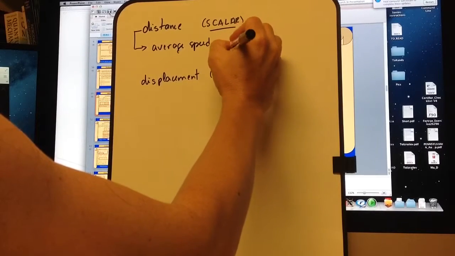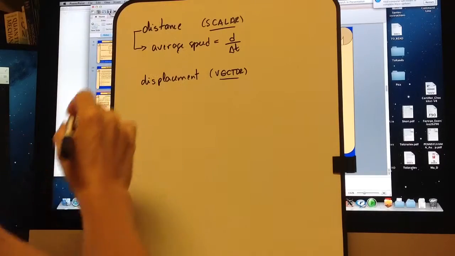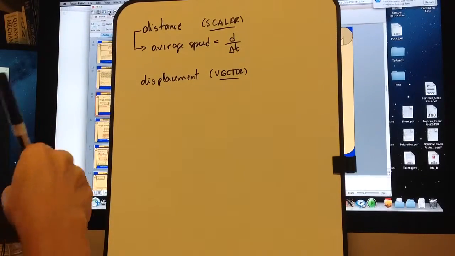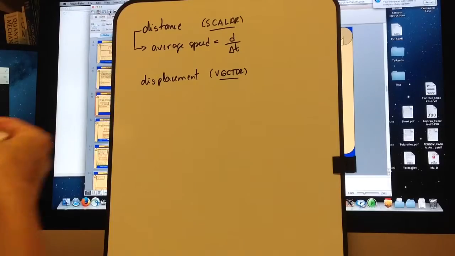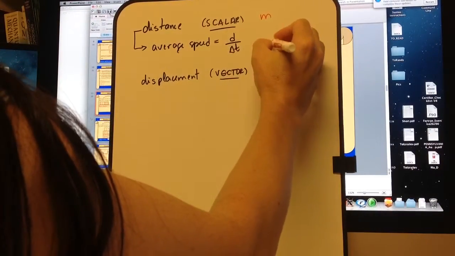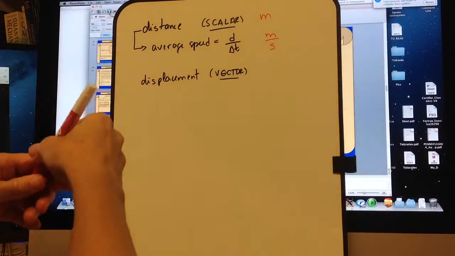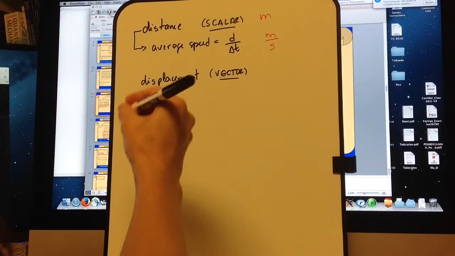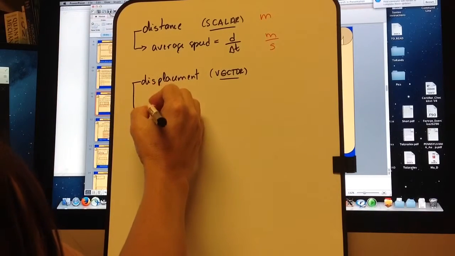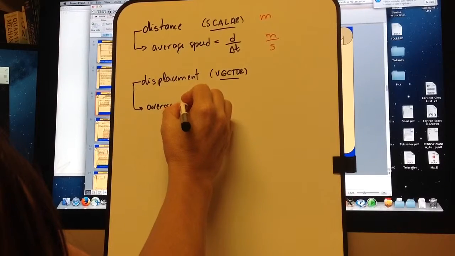Okay, associated with distance, we talked about the average speed, and the average speed is just the ratio between the distance and the time elapsed to cover that distance. In the international system, the unit used for distance is meters, for time is second, and so for average speed is meters per second. Okay, associated with displacement, we define the quantity which is the average velocity.